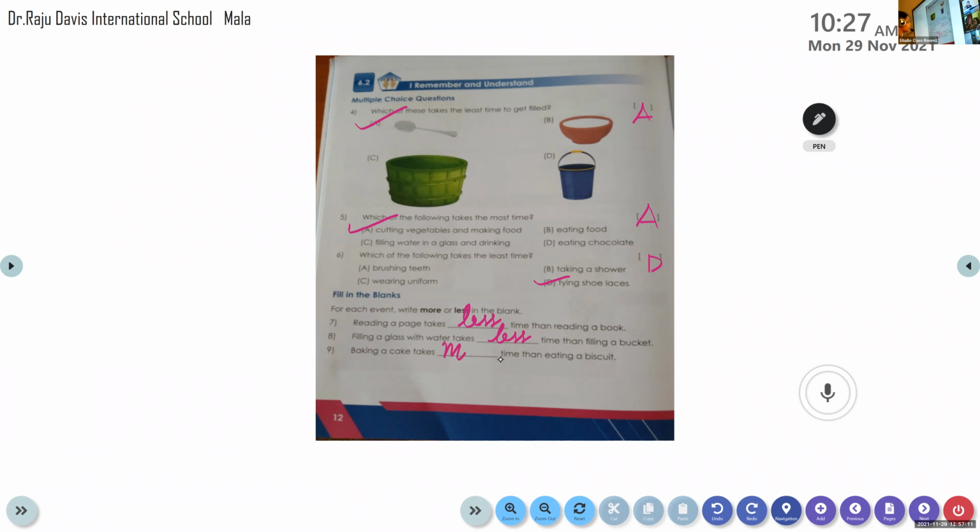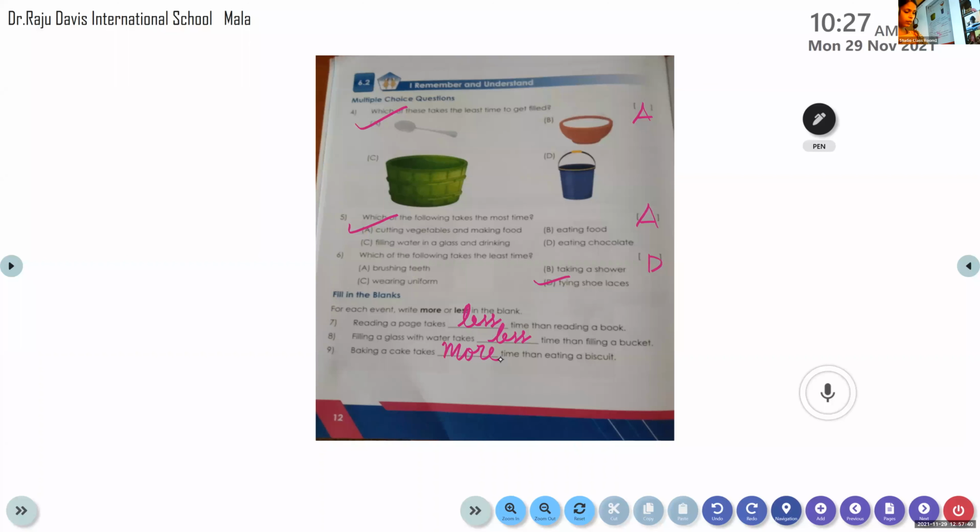M-O-R-E, more. Baking a cake takes more time than eating a biscuit. Eating a biscuit takes less time.